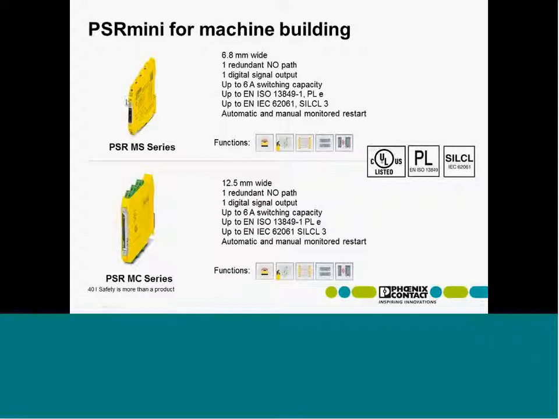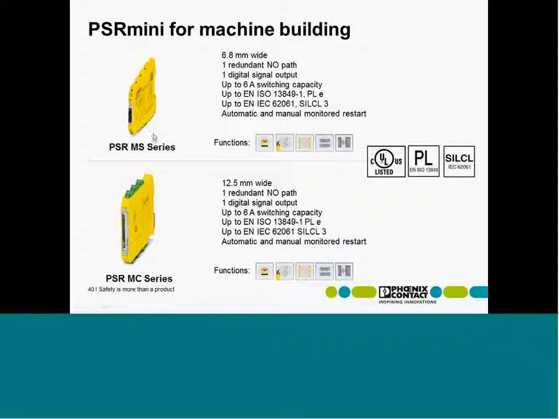And some general key figures out of that. We have a product family called the MS series, which is 6.8 millimeters wide. We have the MC series, which is 12.5 millimeters wide. So that's up to 70% panel space saving by using the MS series, for example, compared to a classical safety relay, which is in a 22.5 millimeter range.